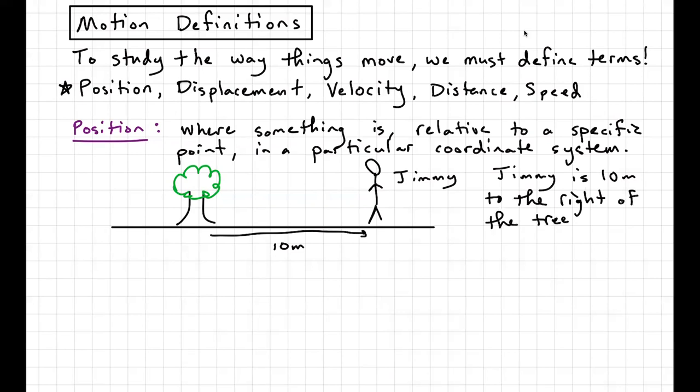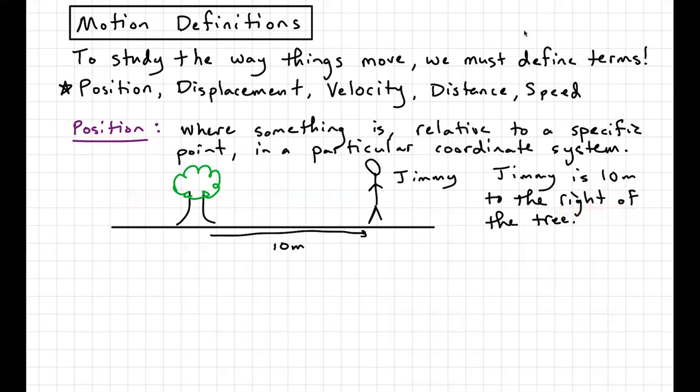In this statement, it seems kind of simple, but there's a couple of things that are important to mention. I've talked about how far Jimmy is from the tree, 10 meters, but I've also established a coordinate system. I'm using right and left here. Right being this way, left would be this way.